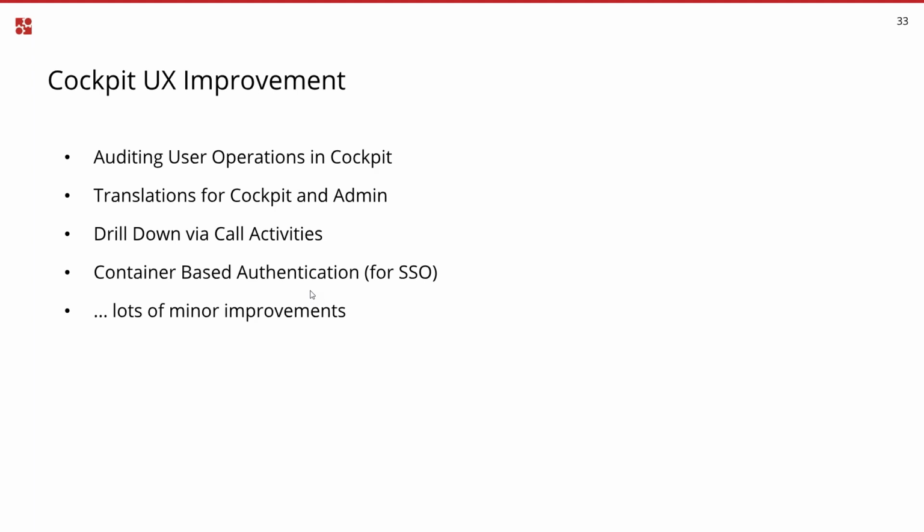And what is now possible with the new Camunda version is that Camunda doesn't do authentication itself, but it uses the authentication mechanisms already provided by the container that it runs inside. So, for example, we can use the authentication mechanisms provided by a Web3 application server or Spring Boot in our example, or WebLogic.